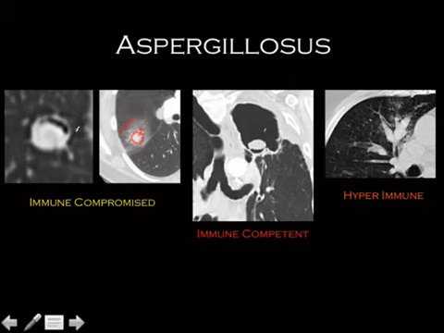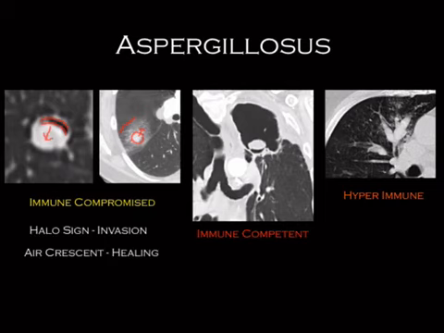Your air crescent sign, which is actually a sign of healing. As this thing retracts, you get this halo, or crescent, right here as this thing retracts down.